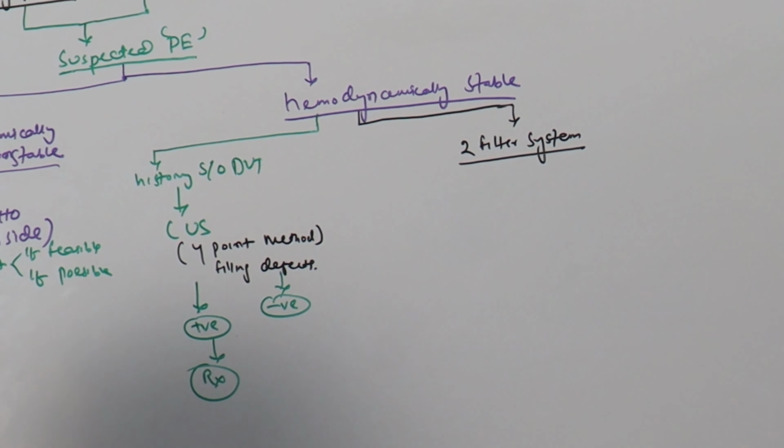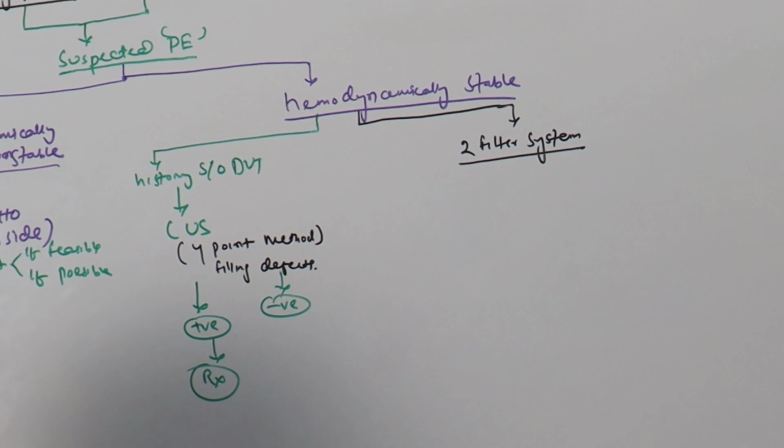So CTPA is contraindicated here. So what will you do instead? You will do a VQ scan, and VQ scan is highly sensitive. If you do a VQ scan and it is positive, then you treat the patient. If it is negative, then PE is ruled out. Right?